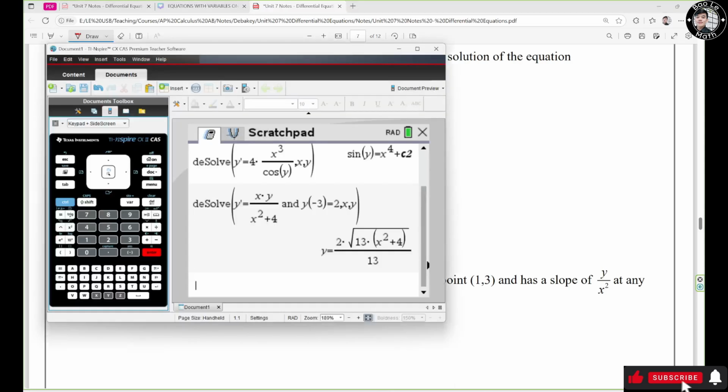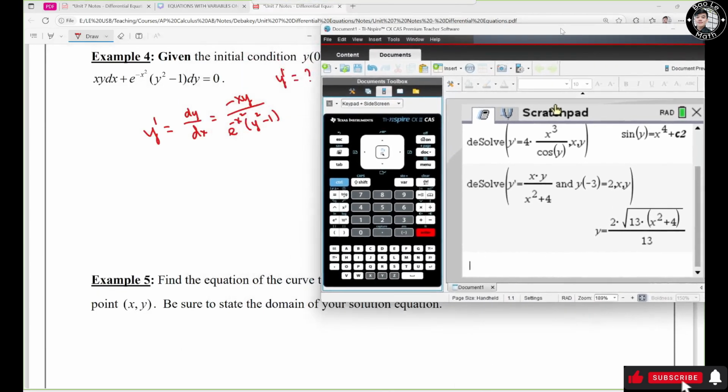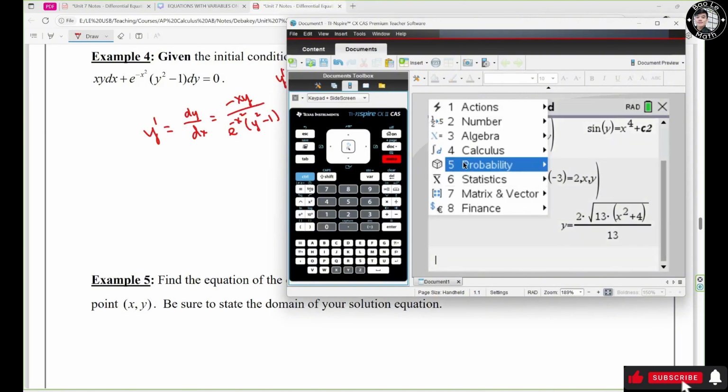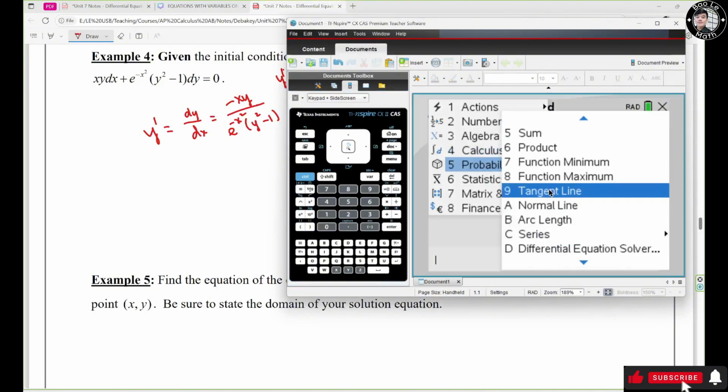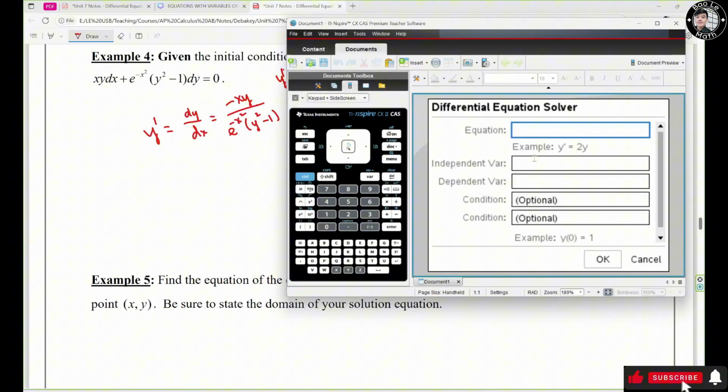So you're going to bring up the calculator, hit menu, calculus, scroll down until you see d right here, right?